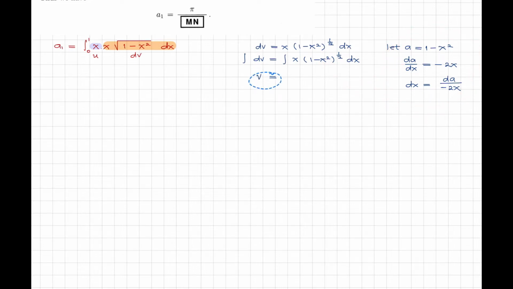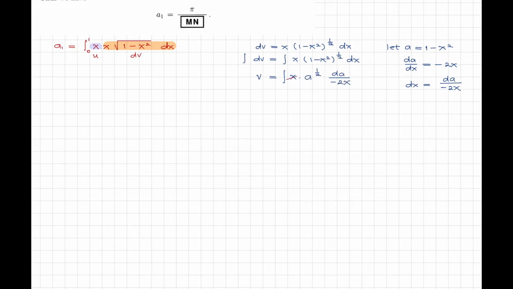If we substitute it, I will get v equals the integration of x, which I will leave as x because it will cancel out with this x, times 1 minus x squared, which is a, to the power of half, and dx is dA over negative 2x.